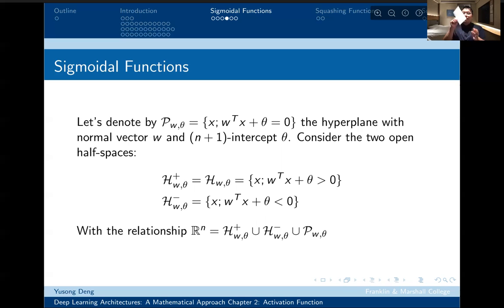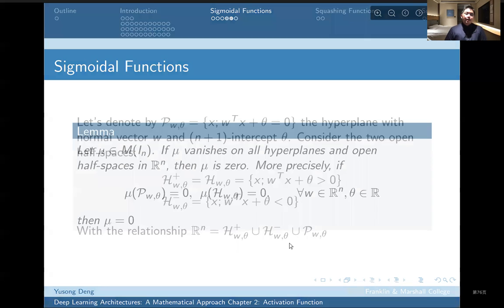This is a hyperplane, and on one side it is a half space, and on the other side it is another half space, right? Just consider the xy plane in three-dimensional coordinates: the n-dimensional space is divided by the hyperplane into one half space and the other half space. If you union them together, you will get the whole space, and that's it.